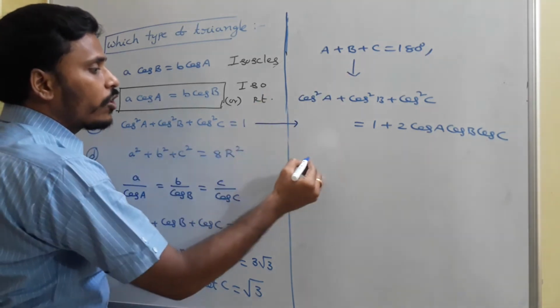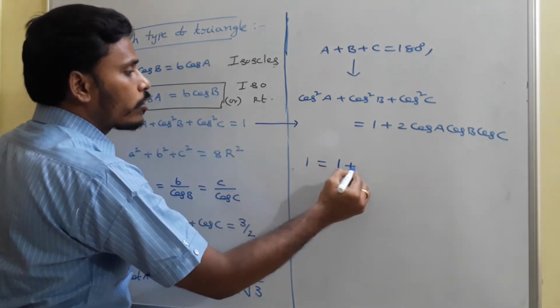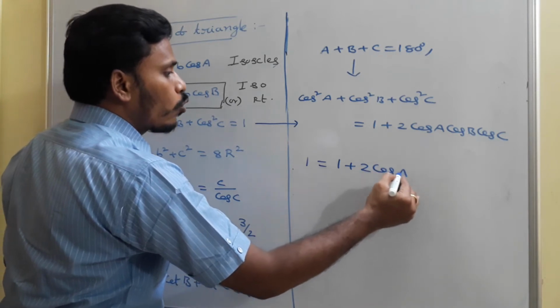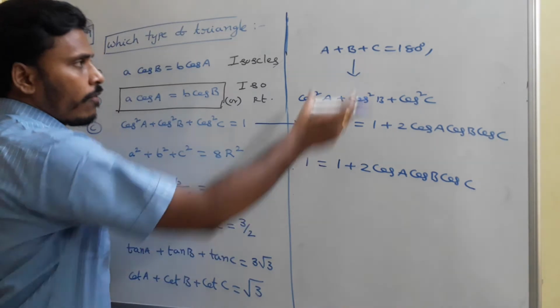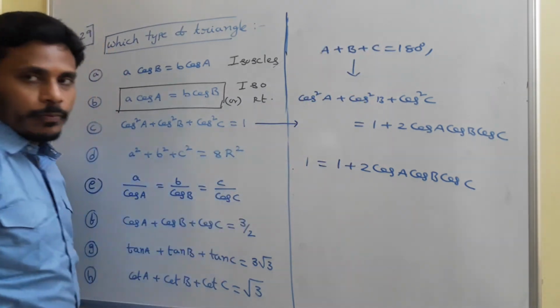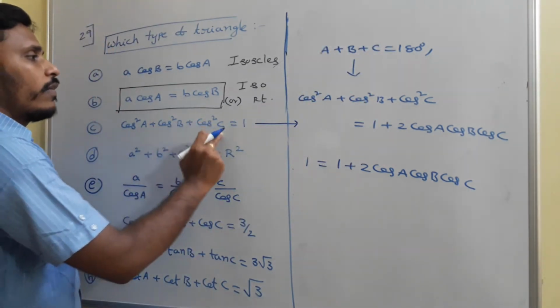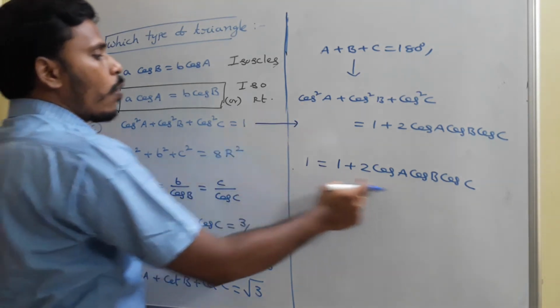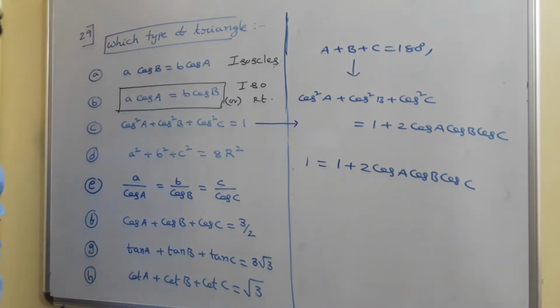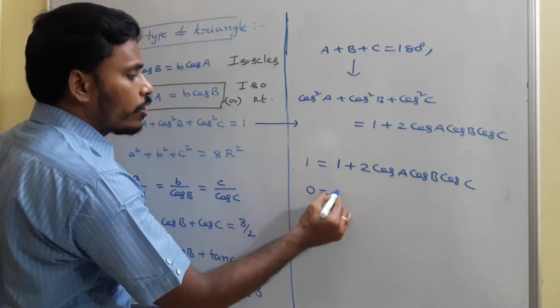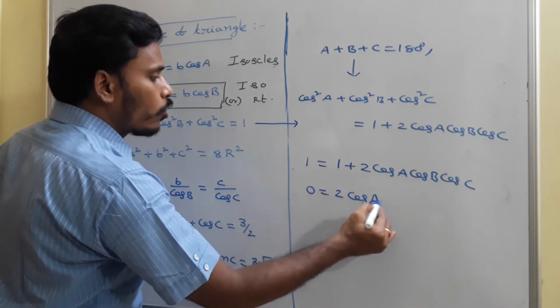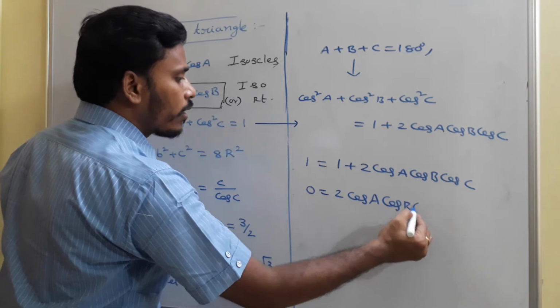So by combining these two, at the end, 1 is equal to 1 plus 2 cos a cos b cos c. Just look there. For a triangle it is always correct. For this problem it is given. Then if you combine these two, 1 is equal to 1 plus 2 cos a cos b cos c. So 1 and 1 get cancelled. So in the next step you have 0 is equal to 2 cos a cos b cos c.